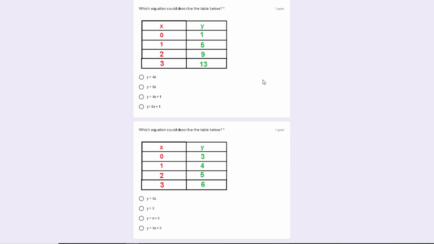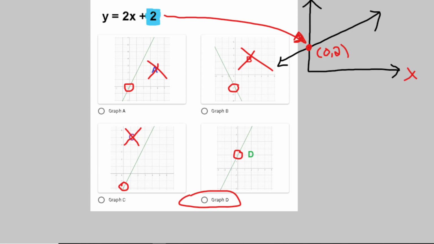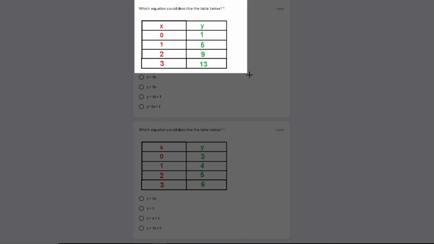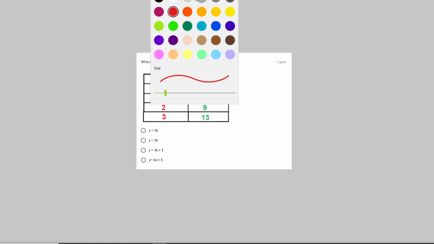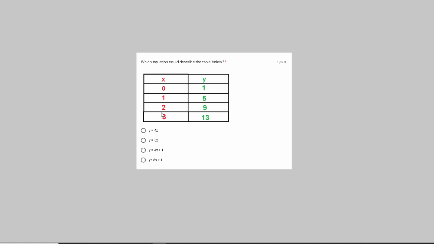Okay, which equation could describe the table below? Starting on one of the trickier ones, you're going to want to look at each of the choices for this. If I multiply my x times 4, do I get y? These would have to work.